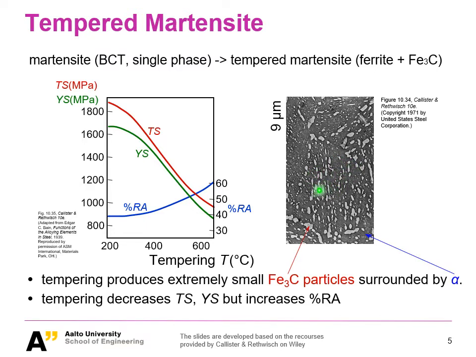These are formed because the carbon which is saturated in the martensite gets the chance to leave the martensite, and it can form a stable cementite, which leaves the martensite to finally become ferrite, which is also stable.